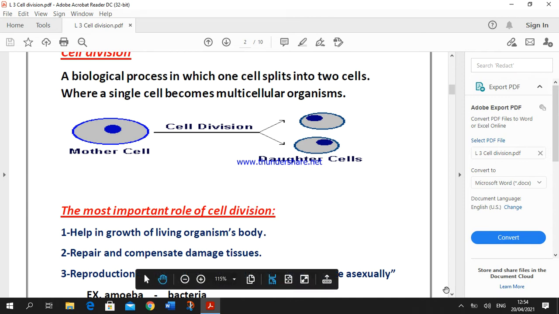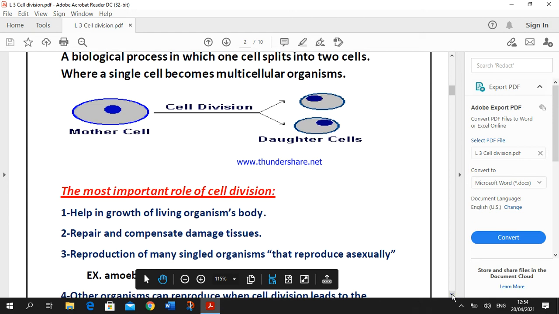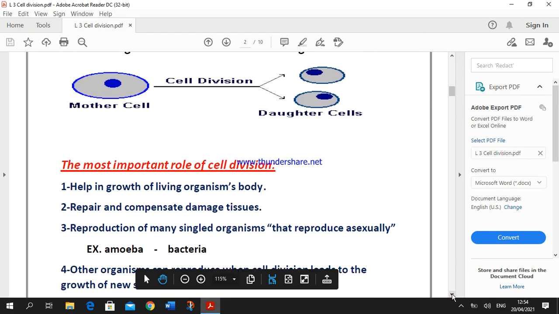We have many single organisms, known as unicellular organisms, that reproduce asexually and depend on cell division to reproduce and to produce new organisms, like amoeba and bacteria. Also, other organisms can reproduce when cell division leads to growth of new structures, like cactus, okay?